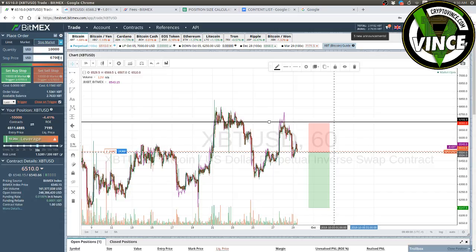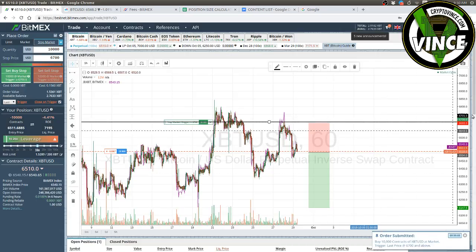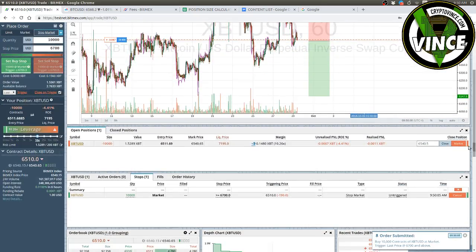So to put the stop loss, you've got to buy this time. So set buy stop. In this case, right here, buy, and order submitted, and you guys can see your stop loss is right here. If the stop price reaches 6.7, your stop loss gets triggered, and you will buy your contract.